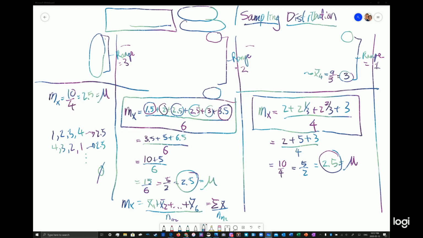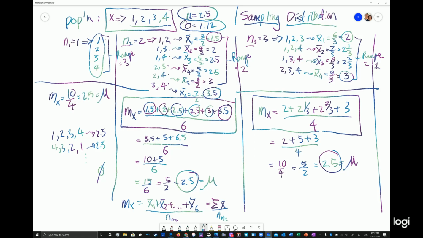So this is what we're talking about. See? So back here, as sample size approaches the population and it's the same as the population, then your standard error is going to be 0 because you're going to get the mean every time. Whereas if you've got a sample size of 1, standard error will be exactly the same as the population because you're basically measuring the population at that point.